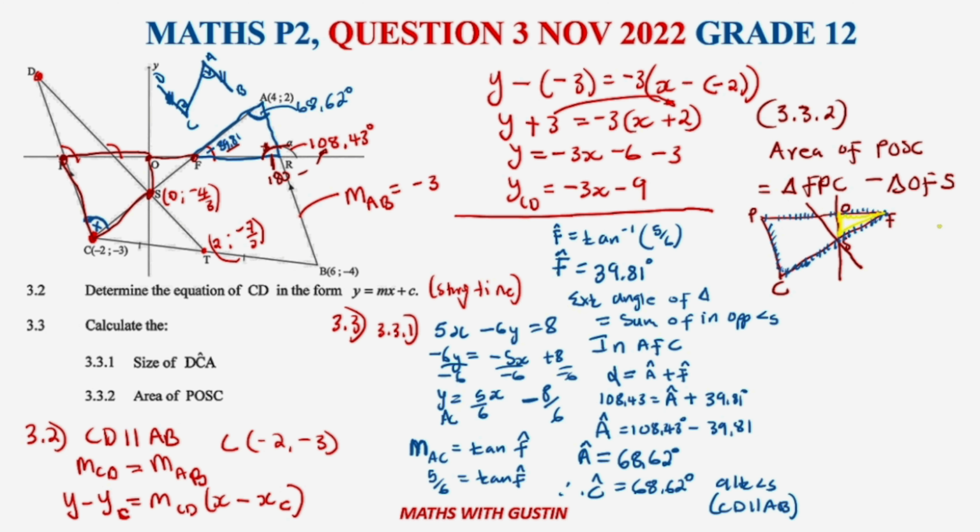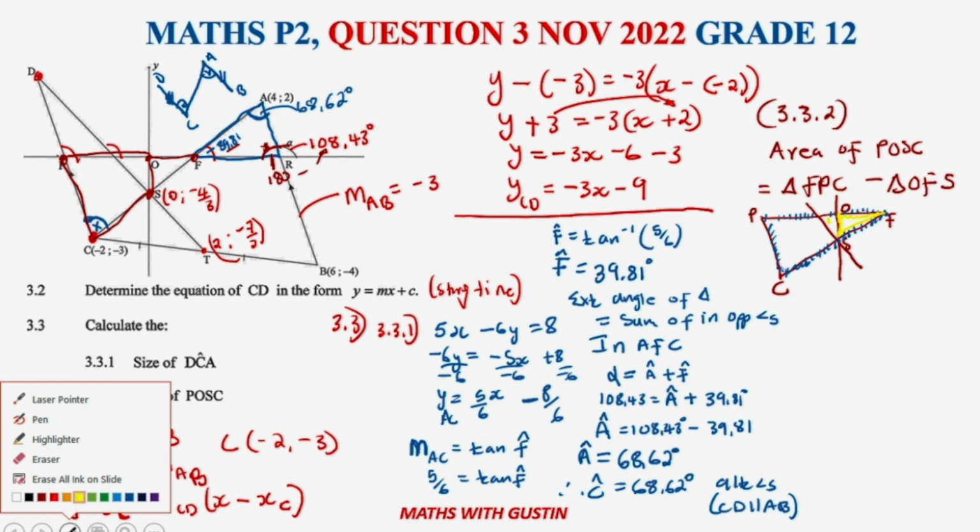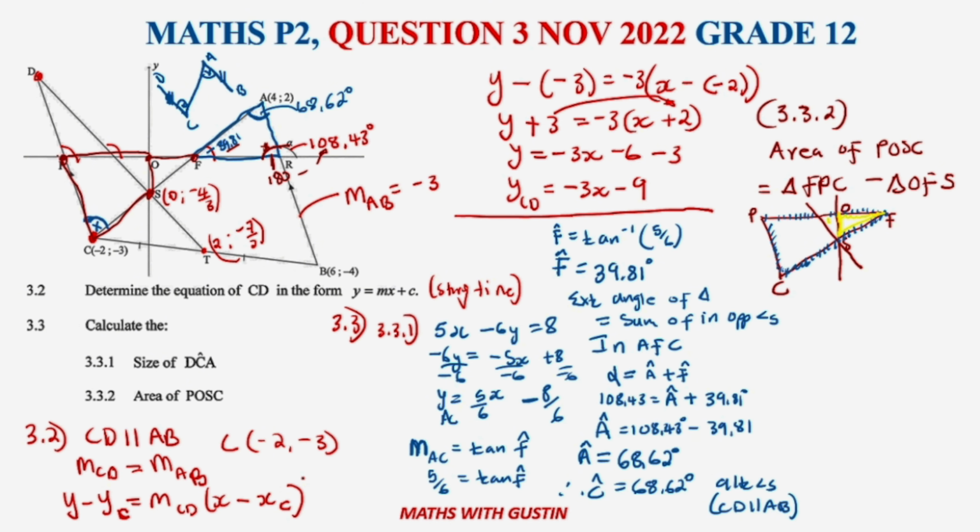You are left with this smaller one here. Okay, so you would have eliminated this smaller one, therefore you are able to get the area of POSC. All right, okay, so let us continue here, and then we will see now.